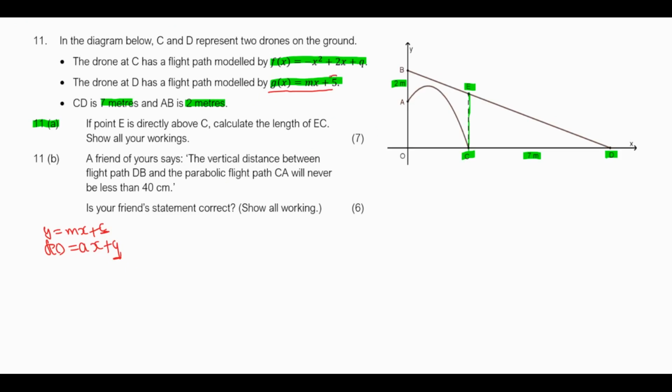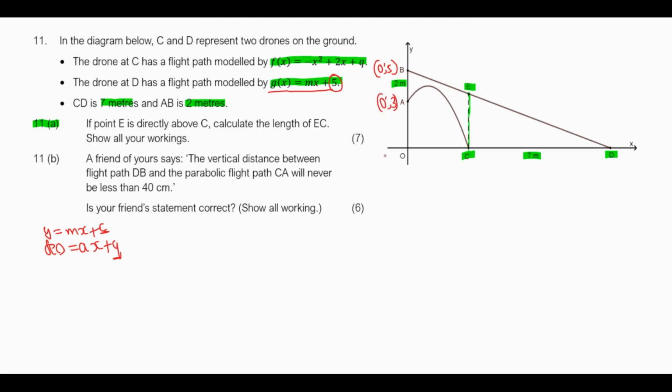Here we have 5, so the y coordinate of B is 5. So the coordinates of B are 0, 5. We're told AB is 2 meters, so 5 minus 2 gives 3, and the coordinates of A are 0, 3.